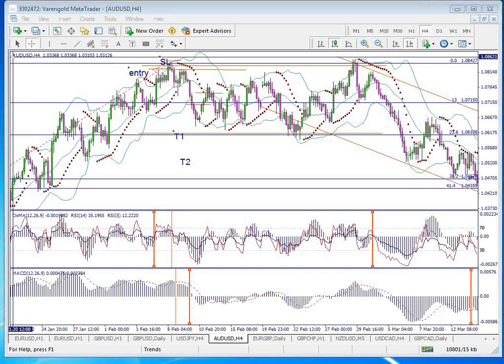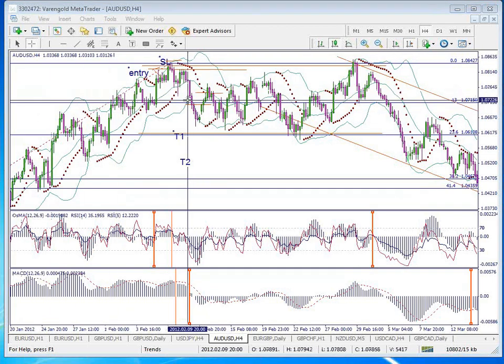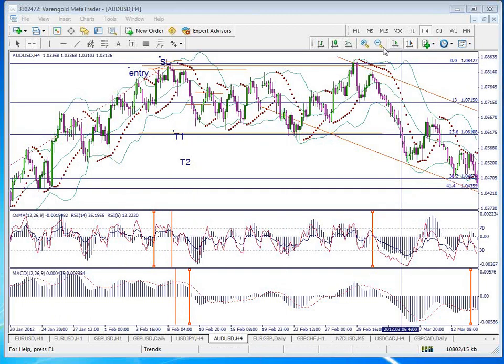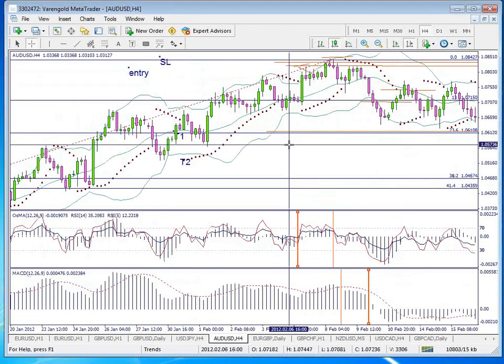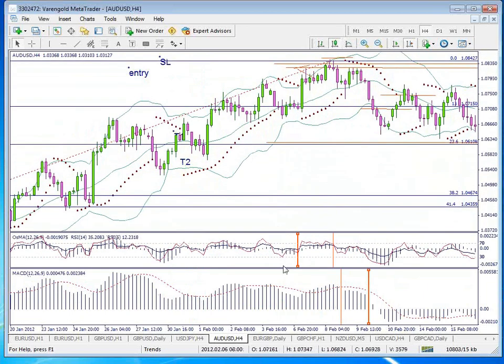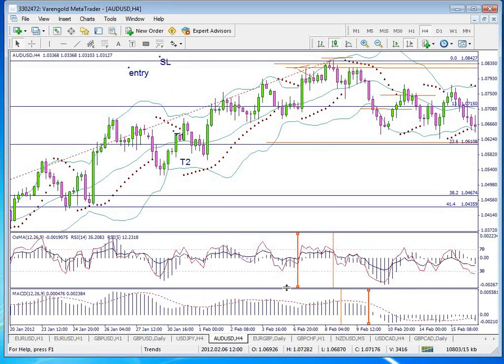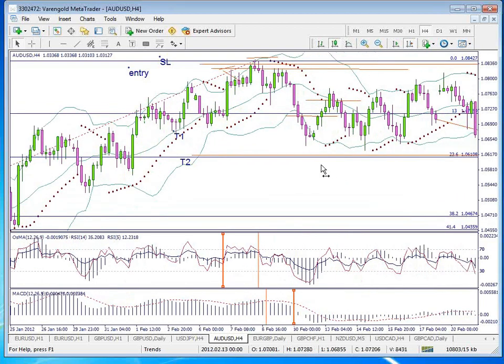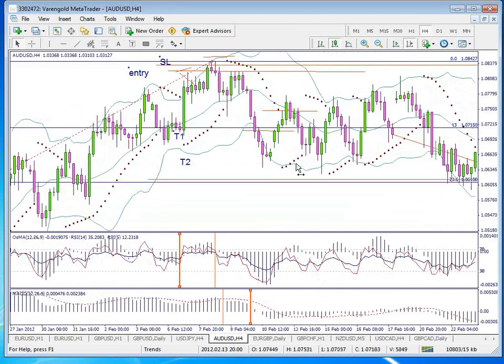Kai is asking me, how do you decide when to go for the second target? So I will decide if I'm going for the second target when the pair is here. I will zoom the image just to be able to see details.